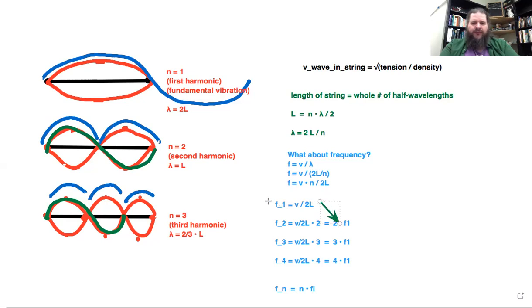If you're changing from F1 to 2 times F1, what's the change there? What have you just multiplied by? Yeah, that's a times 2 multiplier. So if you're changing from the lowest note the string can produce, F1, the fundamental frequency, to the next lowest, you're multiplying the frequency by 2, you're doubling it.